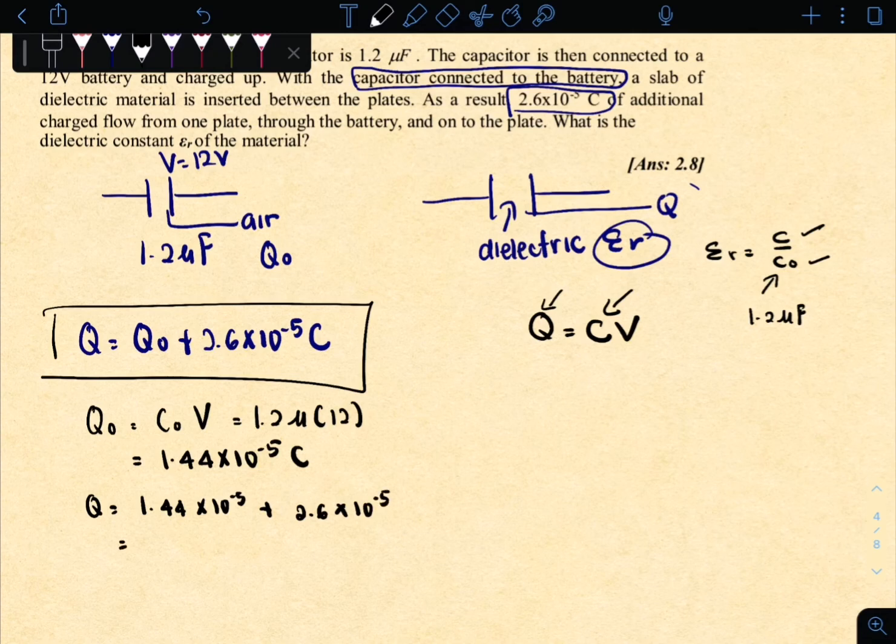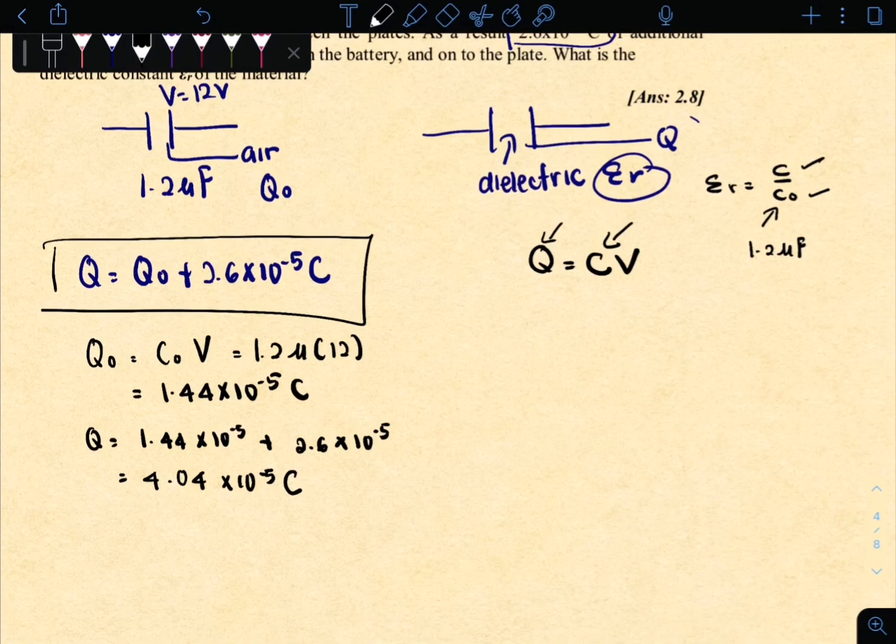You get the new value of charge stored in the capacitor with dielectric sebanyak 4.04 darab 10 kuasa negatif 5 coulomb.